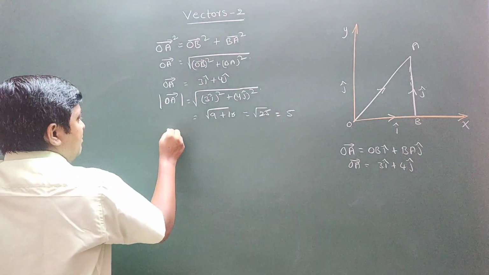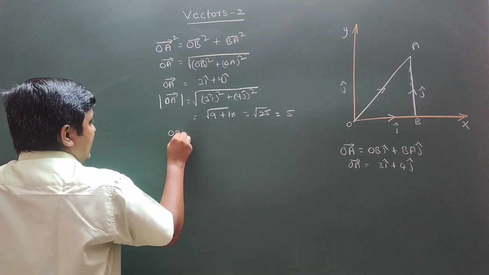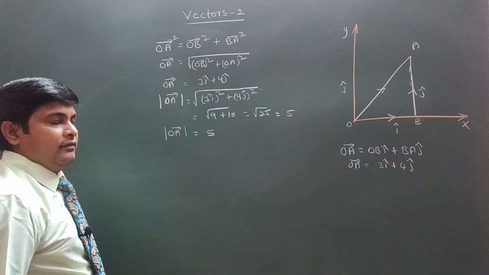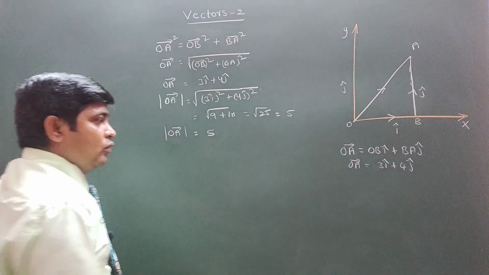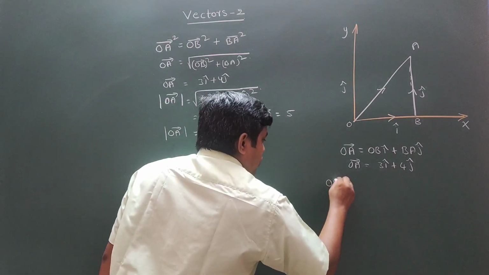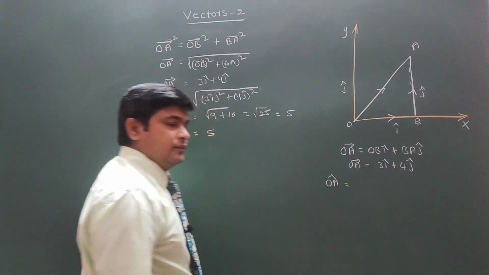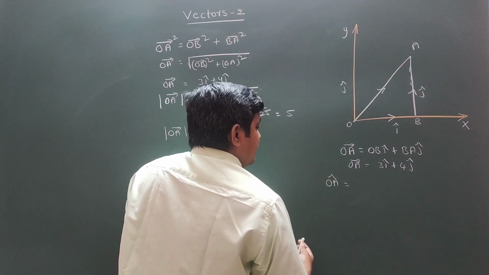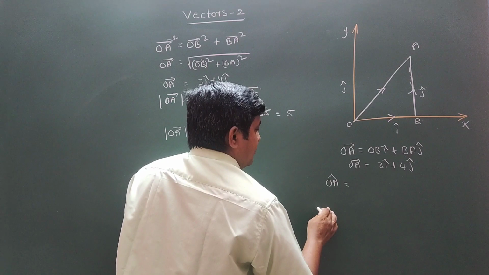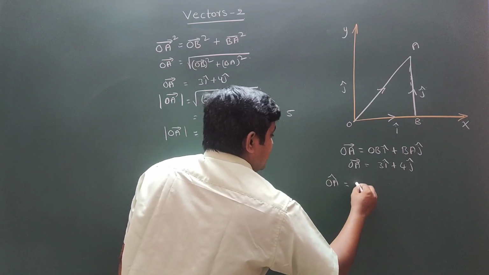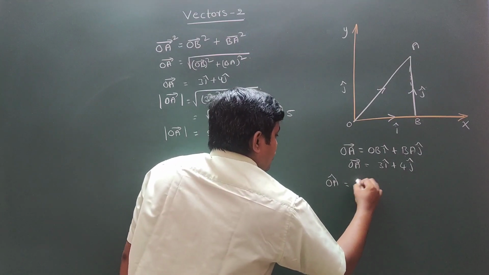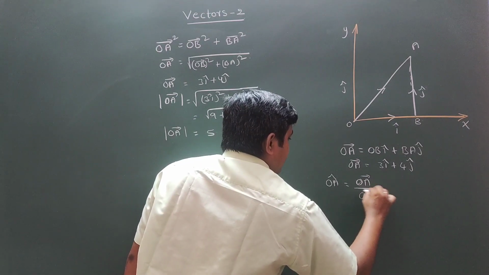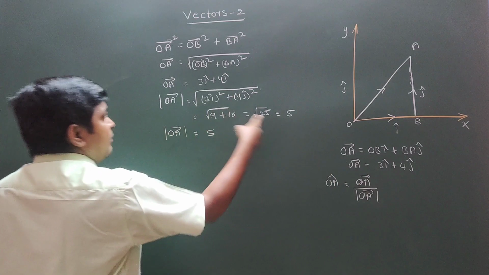So the OA bar magnitude is going to be 5. What is the condition to prove it is a unit vector? A cap equals OA bar divided by the magnitude of OA bar. What is the magnitude of OA bar? 5.